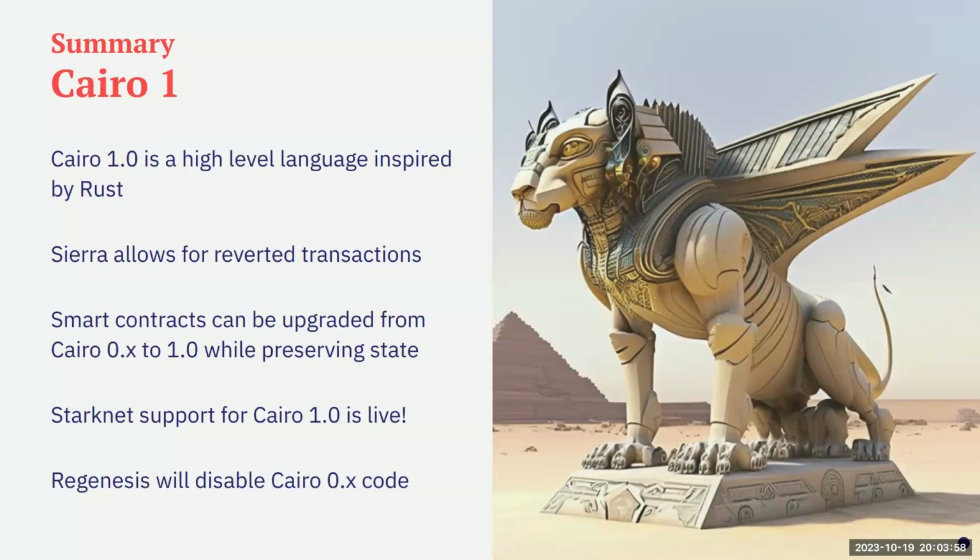The contracts written in the former syntax are going to be disabled. There is a minimum time of I think 6 months for projects to transfer their code to the latest syntax. So regenesis is the phase in which the former Cairo language is disabled. But as of now, there's still backward compatibility.